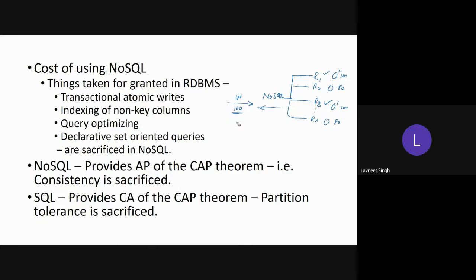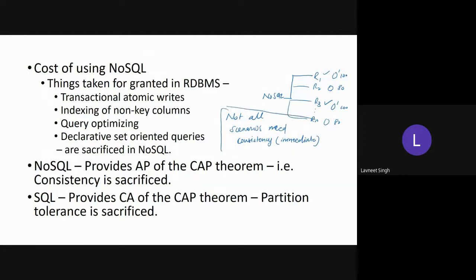But if that is the problem, then why is a NoSQL database useful? The answer is, not all scenarios need consistency, or immediate consistency, like we discussed.